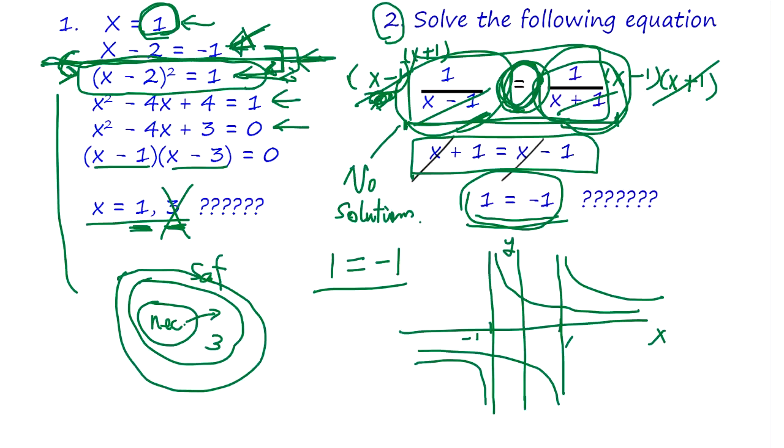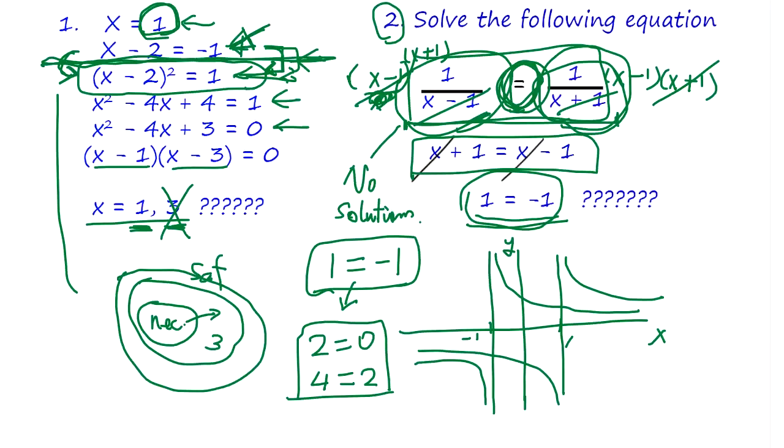If you start with a wrong statement, you can come up with any wrong result. You can say 2 equals 0. Yeah, sure. Then I can say 4 equals 2, right? So this is wrong. Anything that comes out from it is wrong. Got it? I hope you get that.